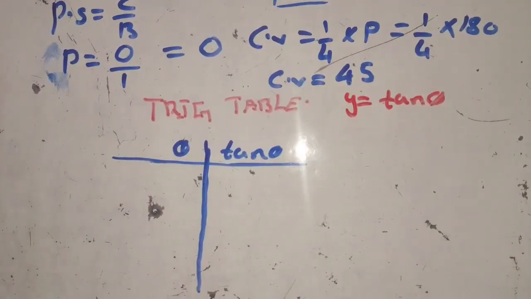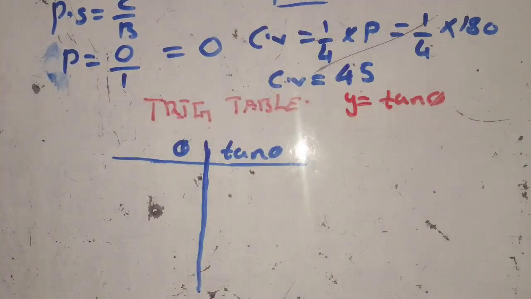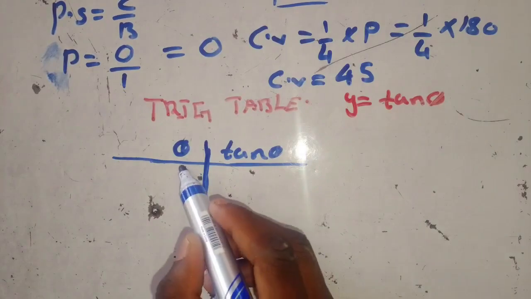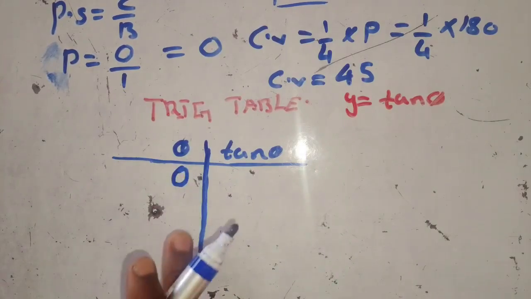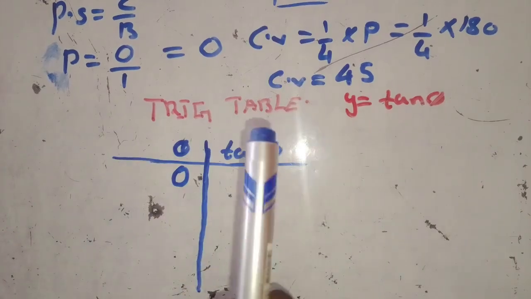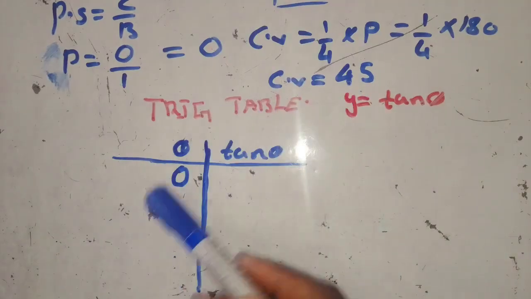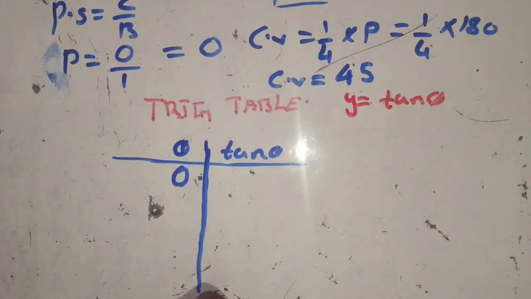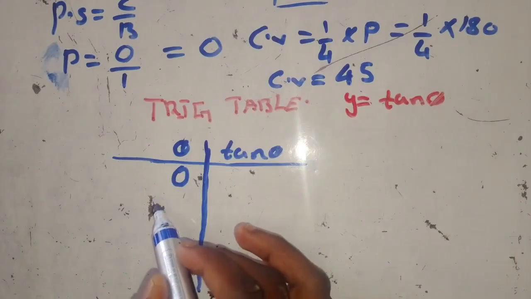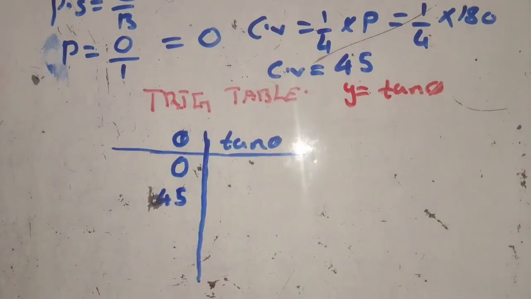We said that according to the phase shift, which we found to be 0, our graph will start on 0. So we're going to have 0 here. After 0, to find the next value for theta, we just do phase shift plus counter value. Our counter value is 45. So we do 0 plus 45, and this will give you 45.